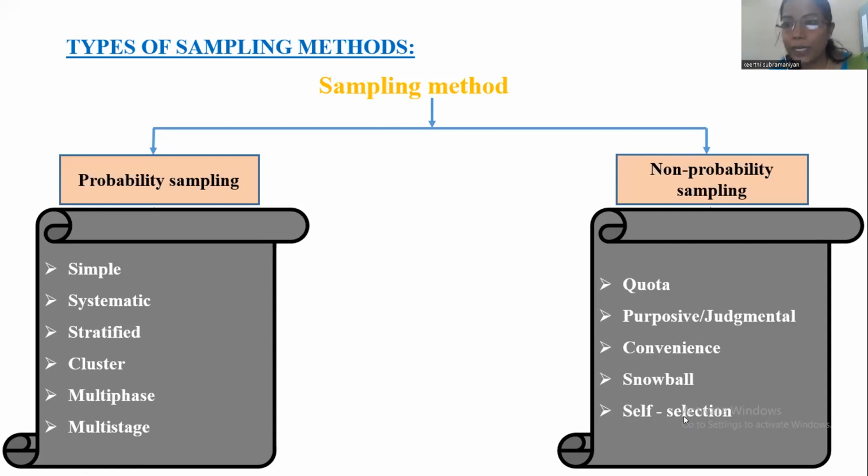A point of advice: whenever we go for non-probability sampling, the interpretation of your results is questioned, whether it can be applied to the entire population. But when you do random sampling, obviously your study is much stronger.